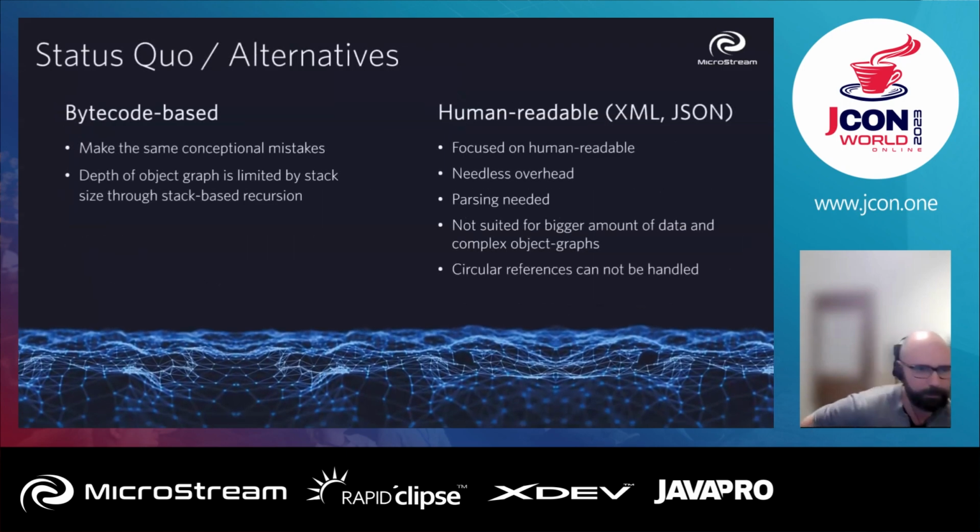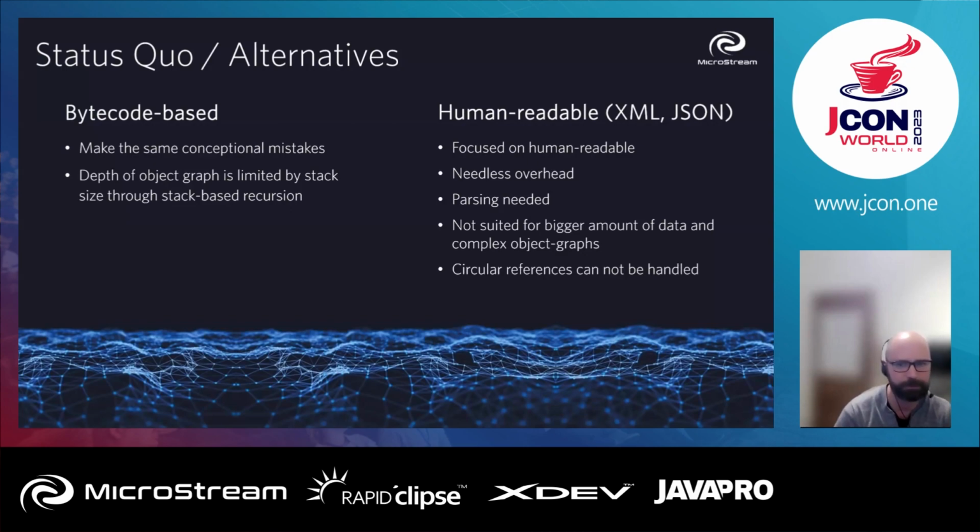So what about the other libraries like JAXB, JSON, Kryo, you name it, there are hundreds out there. They share most of the drawbacks as well. Mainly we can differentiate between bytecode-based and human-readable ones.